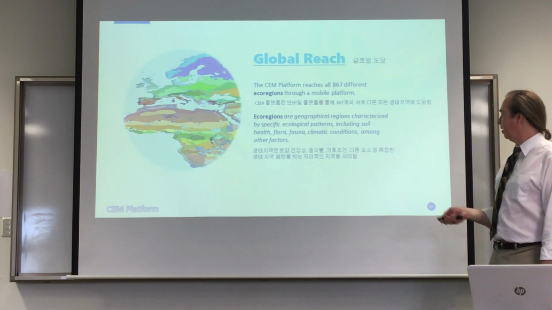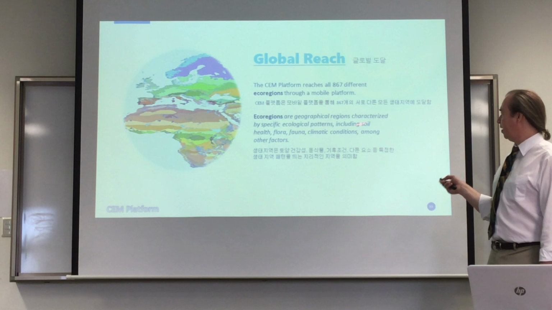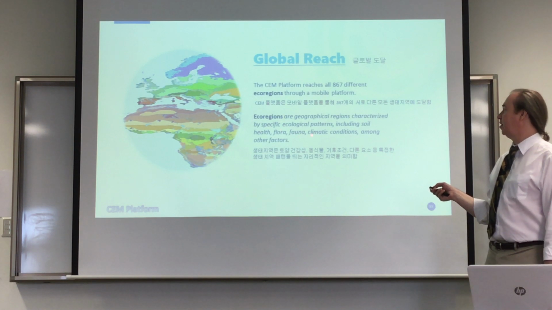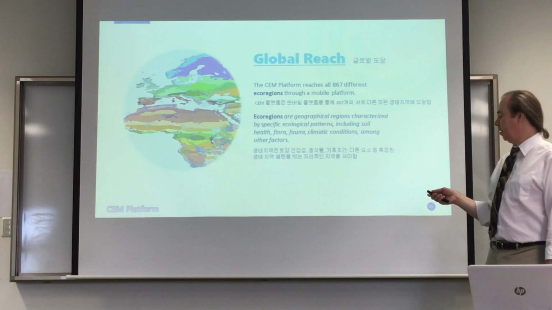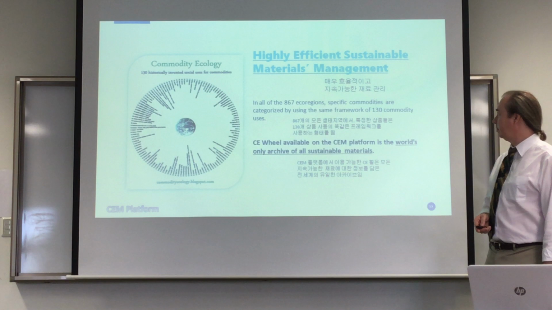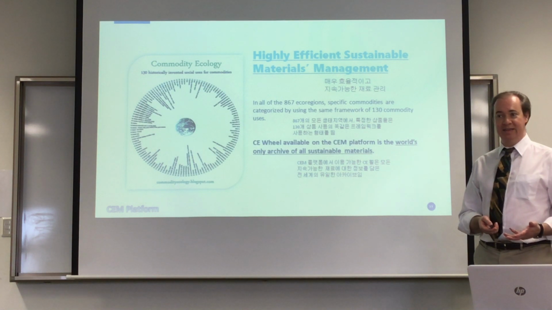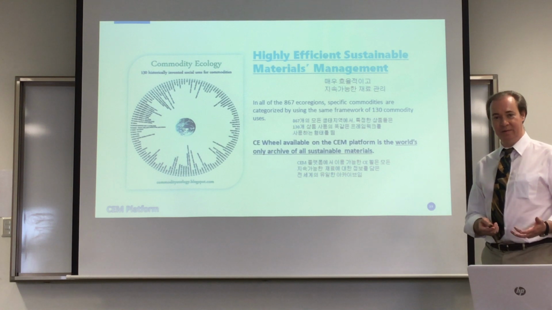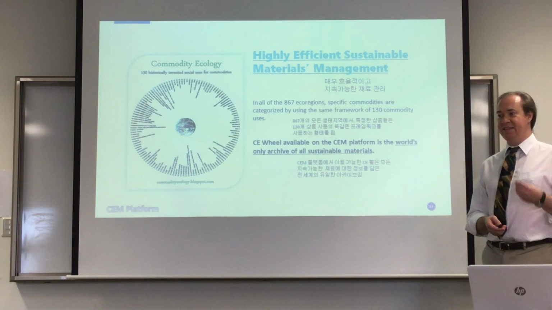Ecoregions are geographical regions characterized by specific ecological patterns, including soil health, flora, fauna, plants and animals, climatic conditions, among other factors.